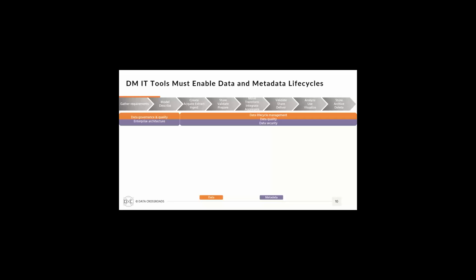To realize this model in practice, you need a set of multiple data management capabilities which we just discussed. And as I mentioned, different capabilities deal with data or metadata, and they support different steps or processes of a data lifecycle. You can see, for example, data lifecycle management and data quality support some particular steps. Data governance and enterprise architecture support, for example, modeling and describing of data.